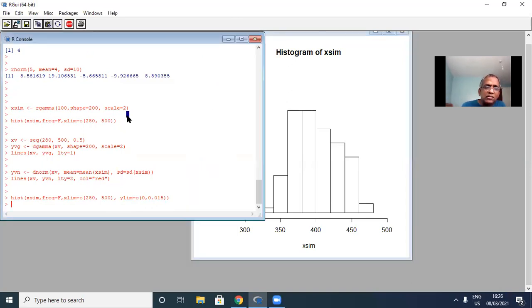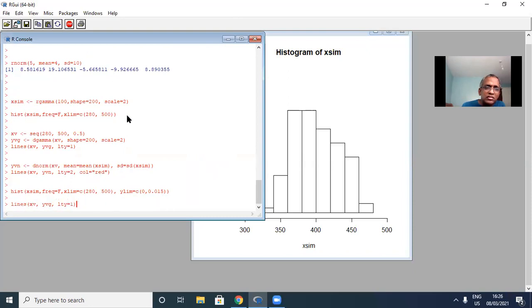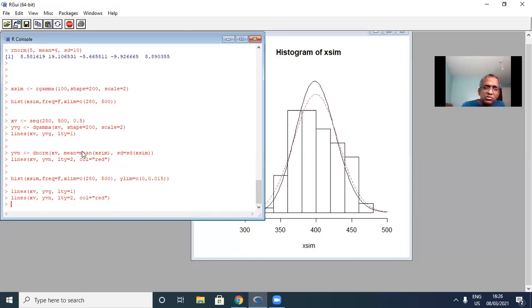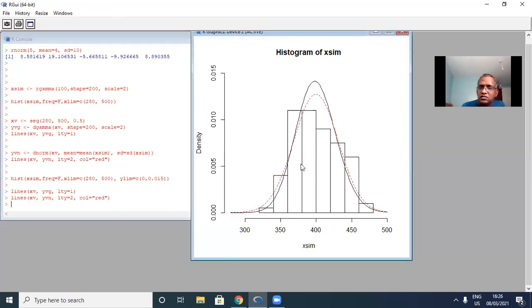And then I'm going to plot on top of this the density of the gamma distribution, which looks like this, and also the density of the normal, which looks like this. See, now you can see the whole graph, so nothing is hidden here, because I have changed the limits of the x and the y-axis so that you can see everything that is happening.